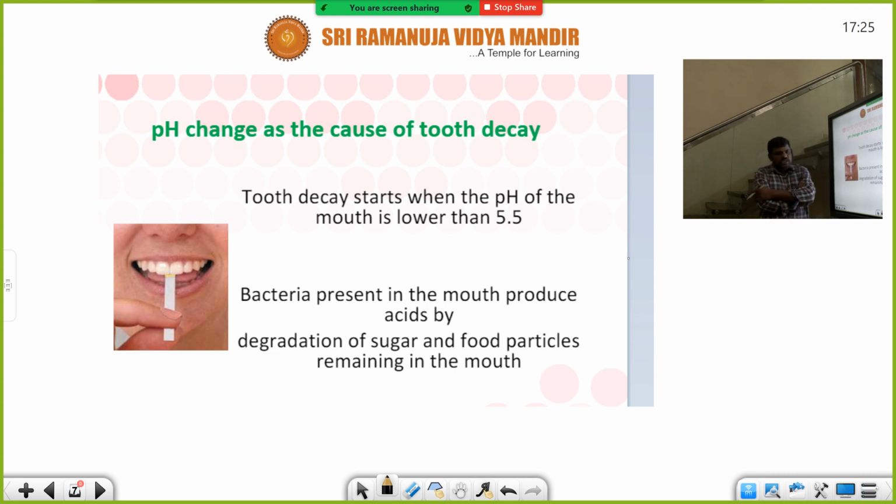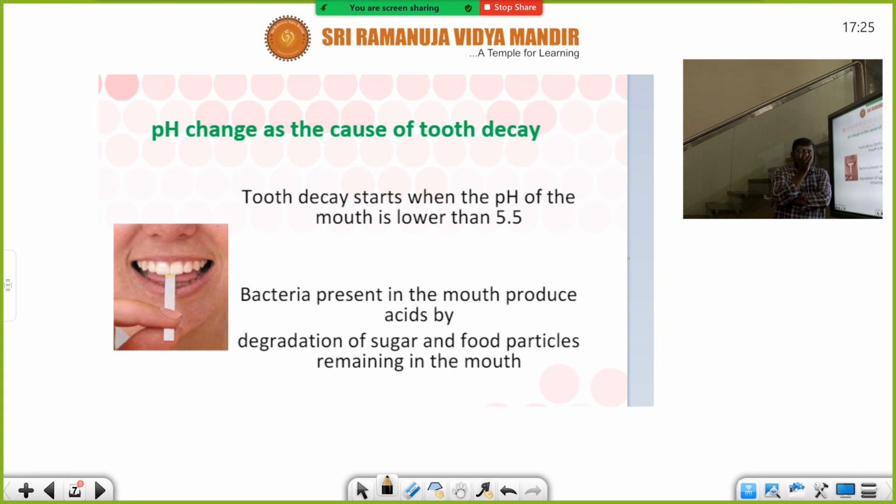Whenever you brush, maintain the pH above 5.5, maintain neutrality. While washing the teeth with a brush, we use toothpaste. The paste is basic in nature. The acidic nature of the particles and the basic nature of the paste become neutral. Okay, that is how pH change is the cause of tooth decay.